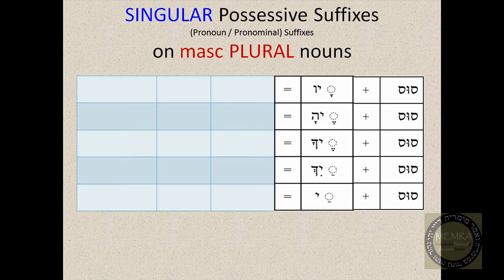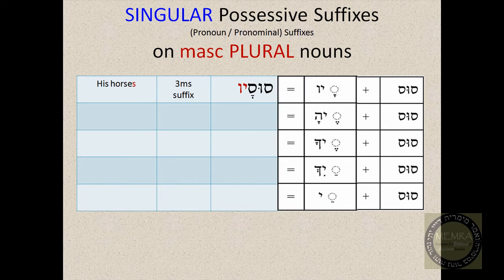So let's go through them. We have, first of all, sus av. So we have a third masculine singular suffix on a plural noun. So we translate the suffix singularly, his, and the noun is plural, horses, his horses.